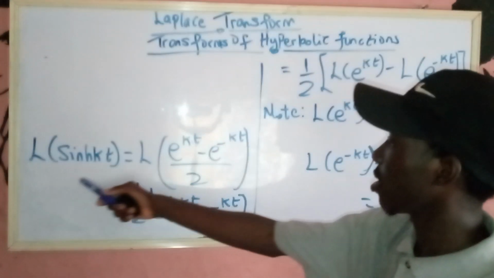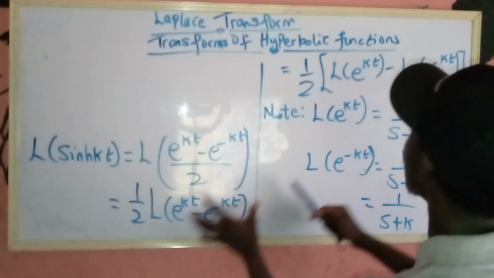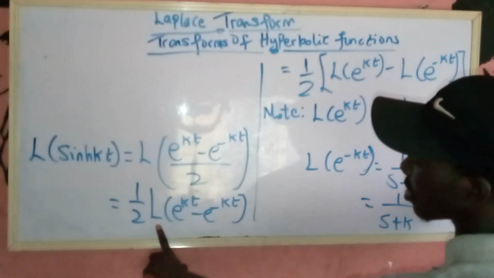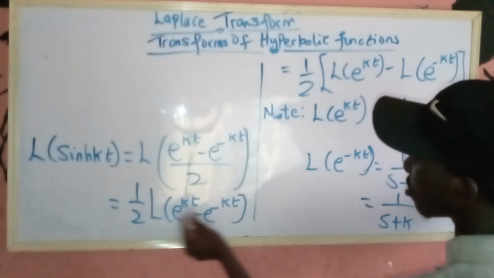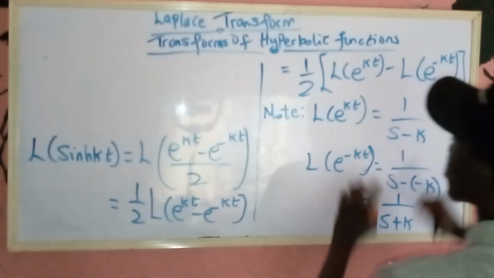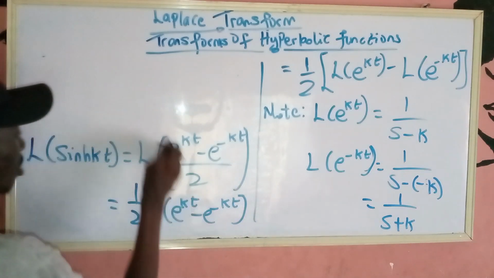So you can see what I did here. I expressed this, which is the normal expression, in this form, and I placed Laplace on each individually. So I took the L of this and the L of this, which is what I did here. But we know from the last video that this is equal to this and this is equal to this.